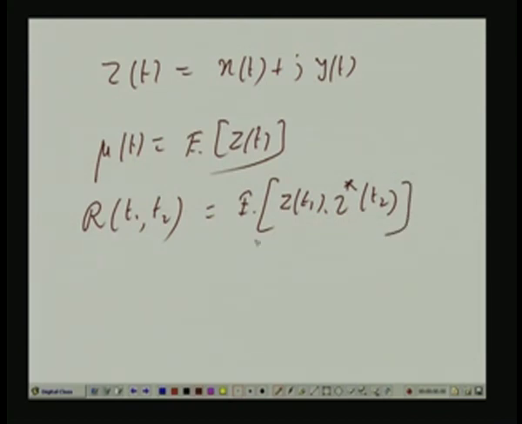Because we all know that when t1 and t2 are the same, this should give rise to the expected power. Suppose t1 equals t2 equals t. So, we have R(t, t), which should give the expected power at a point t. The power is real. If I do not put the conjugate here, I simply get Z(t) whole squared, which is again a complex number, and its expected value is also complex. But if I put the star here, then at t we have just the expected value of mod Z(t) squared, which is real.